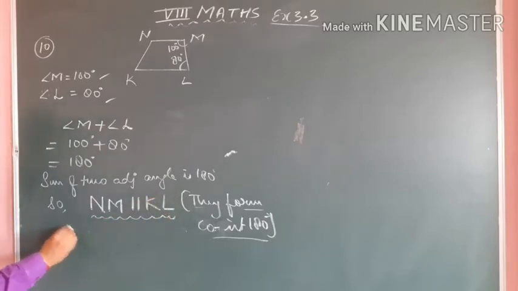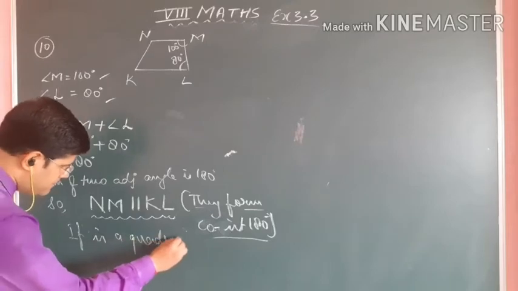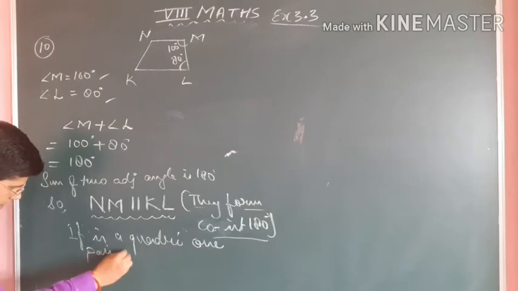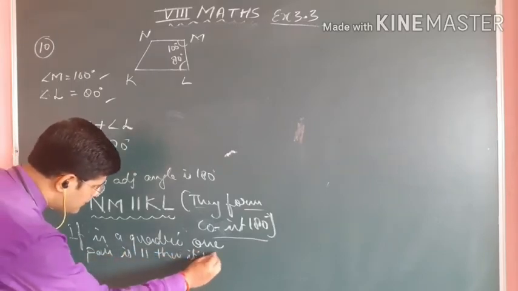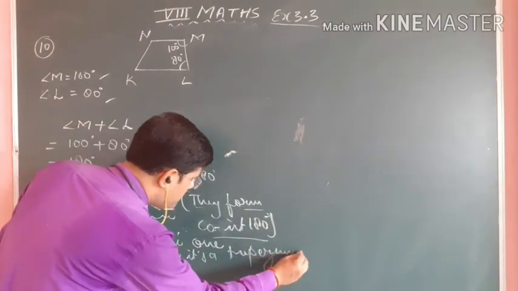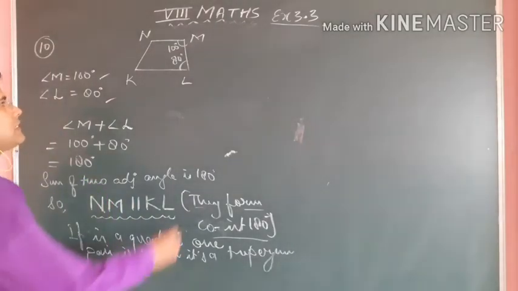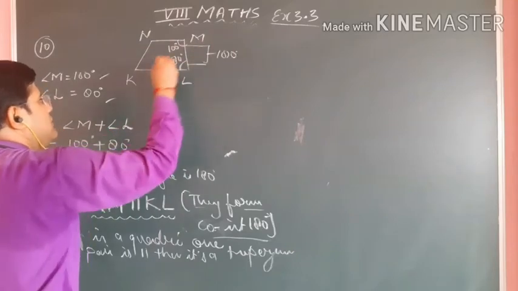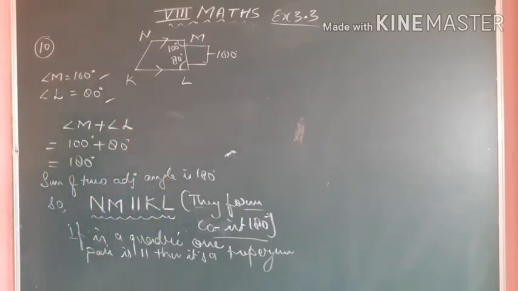And if in a quadrilateral one pair is parallel, then it's a trapezium. Okay, so how can we write that the given figure is a trapezium? Firstly we add these two angles. When these two angles make together 180, it means these lines are parallel. And if one set of opposite sides is parallel, then it's a trapezium.